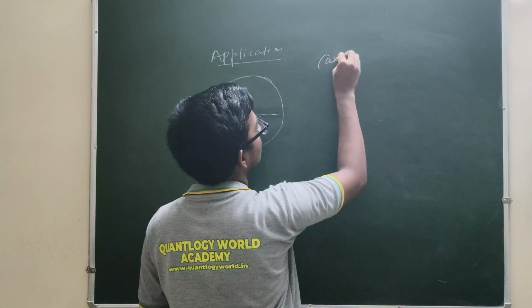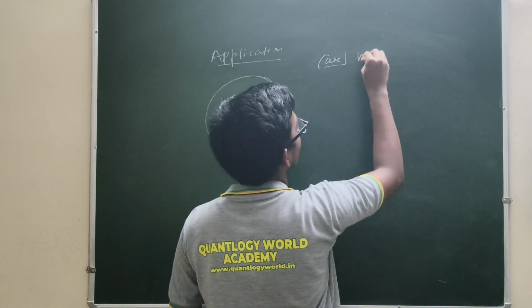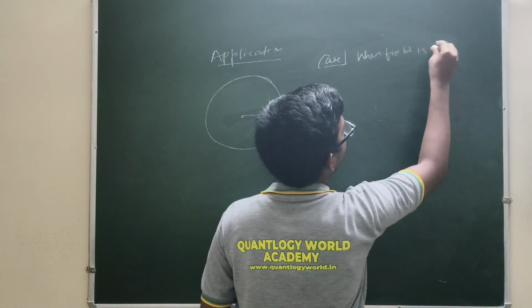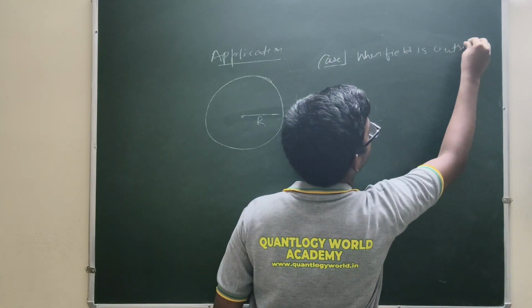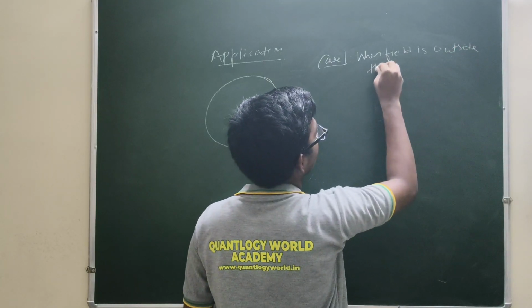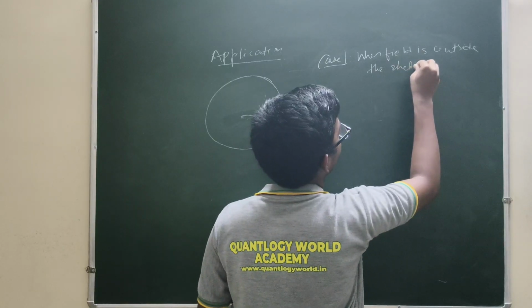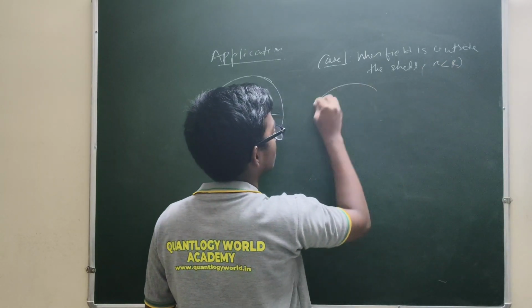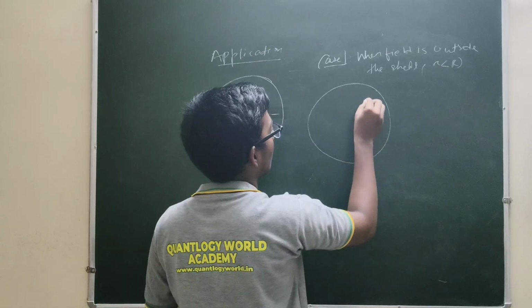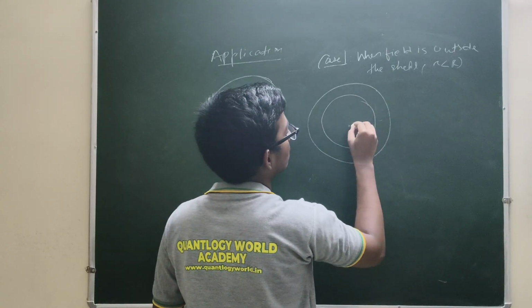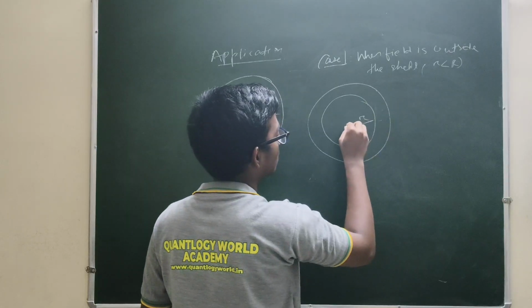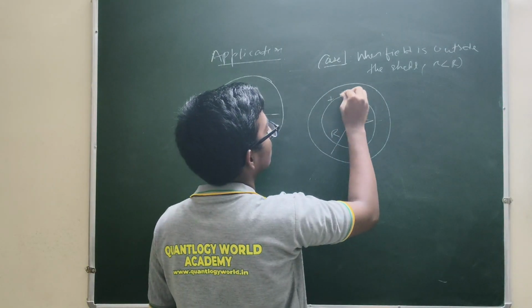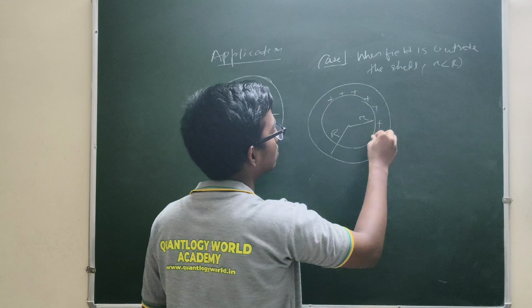Case 1, when the field is outside the shell, that is r is greater than R. Here this is r and this is capital R, and the spherical shell is charged.